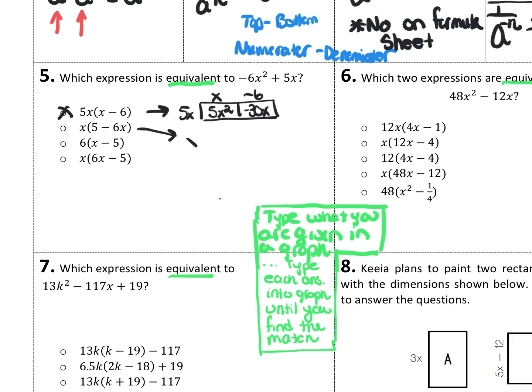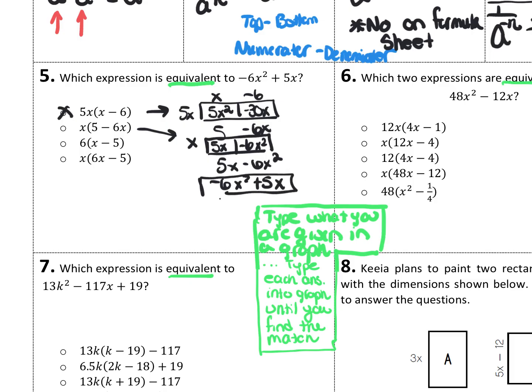So I'm going to do it again. I have my x, my 5 minus 6x. 5 times x is 5x. Negative 6 times x times another x makes an x squared. So this says 5x minus 6x squared, which I can rewrite as negative 6x squared plus 5x. And that right there matches what I was given. So the answer is the second one.